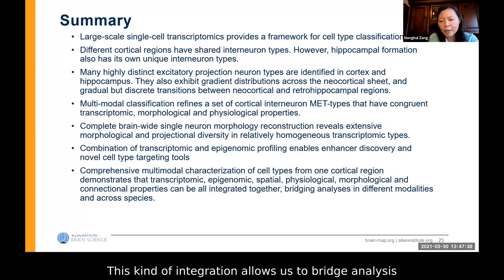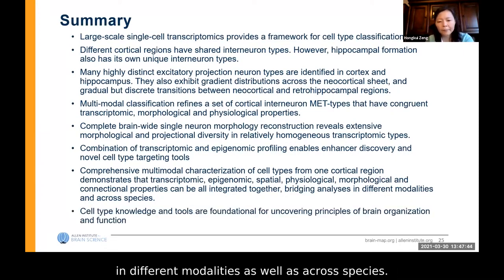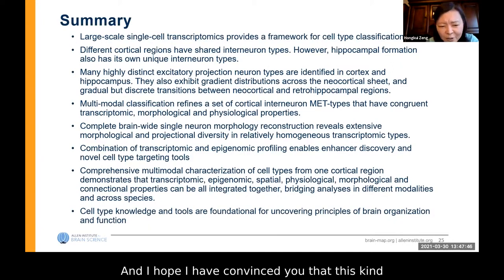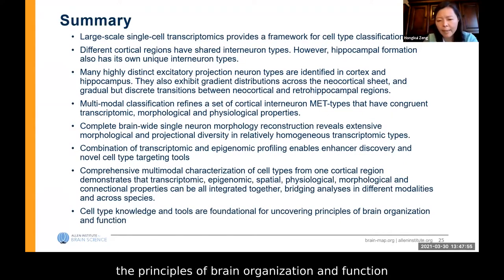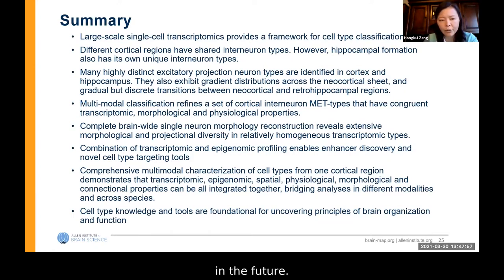This kind of integration allows us to bridge analysis in different modalities as well as across species. And I hope I have convinced you that this kind of cell type knowledge and tools will be really foundational for uncovering the principles of brain organization and function in the future.